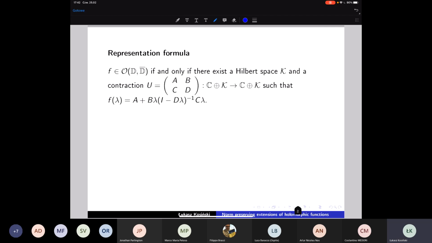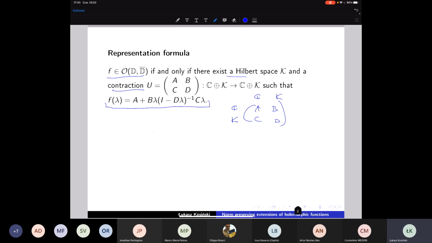So, okay, for functions in the Schur class of the disk, it says something like this: f is in the Schur class on the unit disk if and only if there exists a Hilbert space K and there exists a contraction U, so A is from C to C, D is from K to K, B from C to K, such that f is of this form.